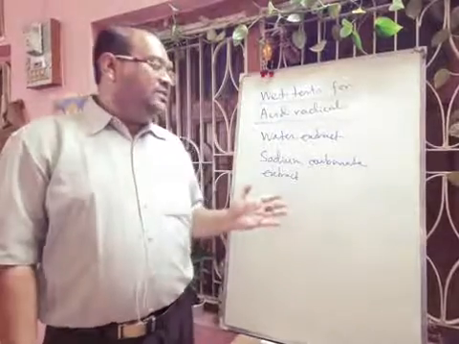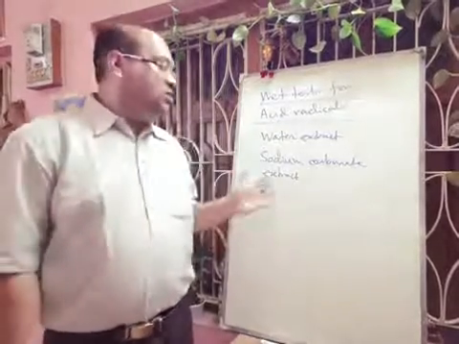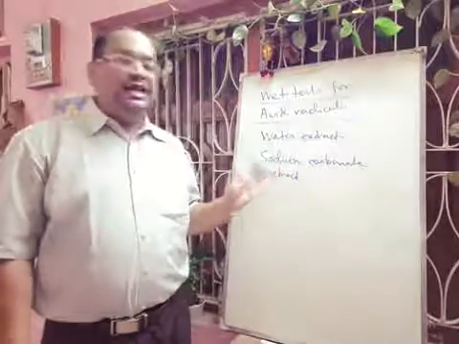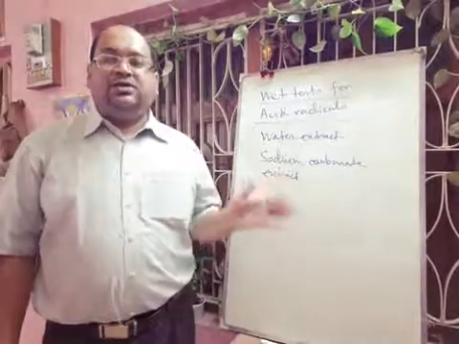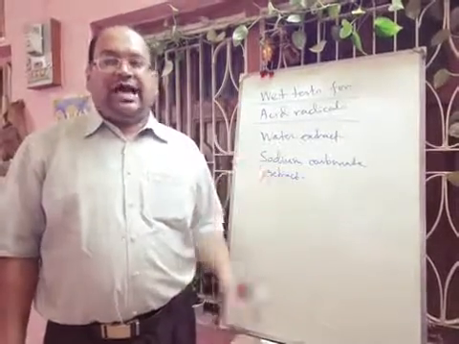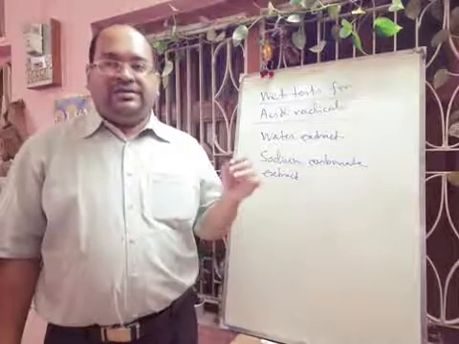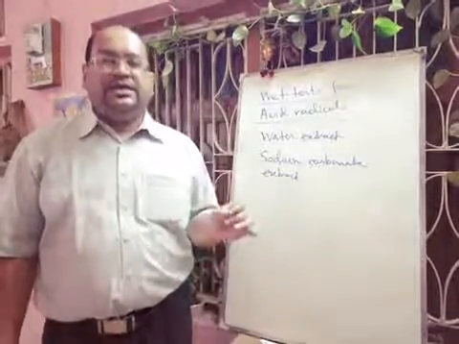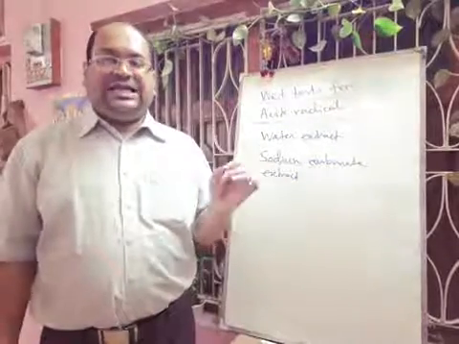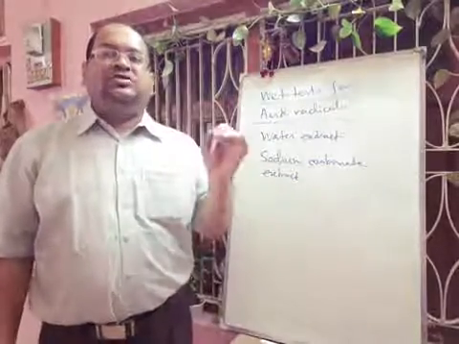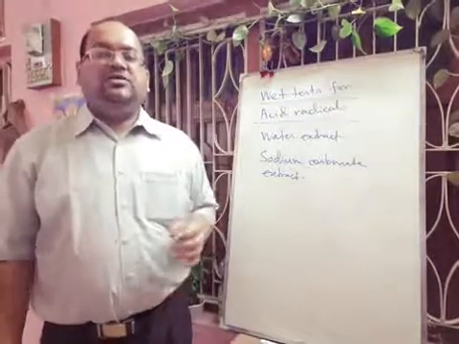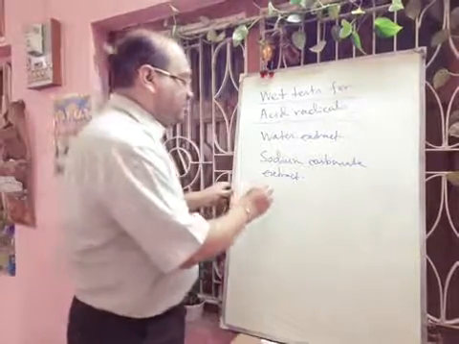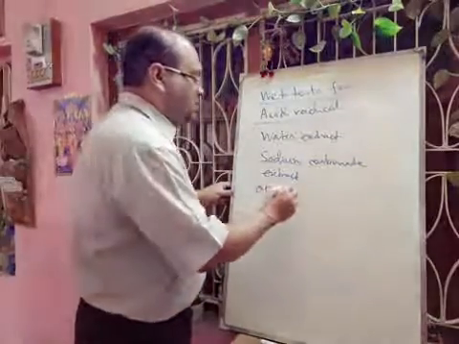Another thing: if your salt is not completely soluble in water, and the aqueous solution gives a precipitate with the saturated solution of sodium carbonate, then the confirmatory tests for the anions, that means acid radicals, are carried out with sodium carbonate extract. So what to do? Take 0.5 gram of the salt sample.